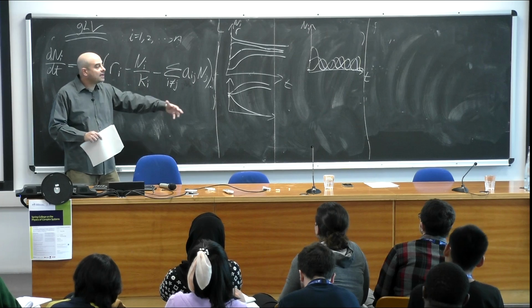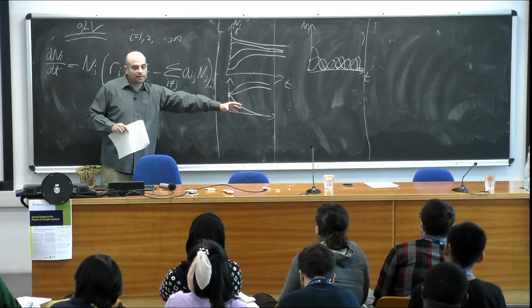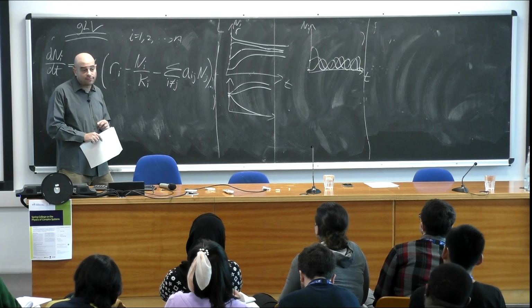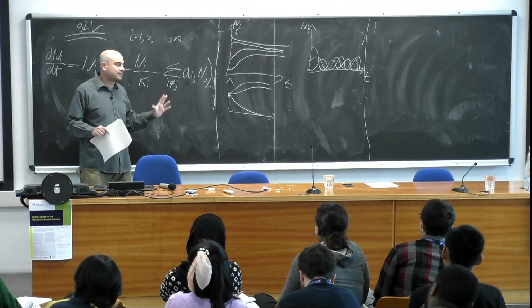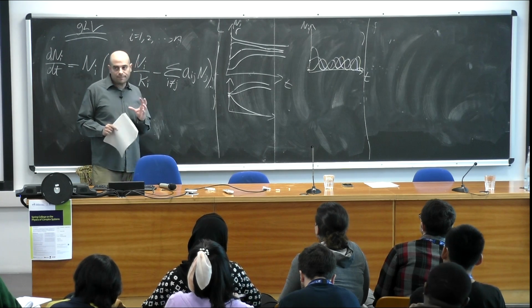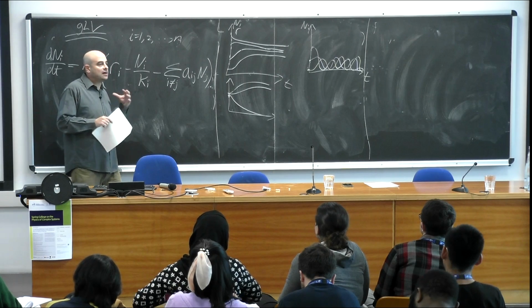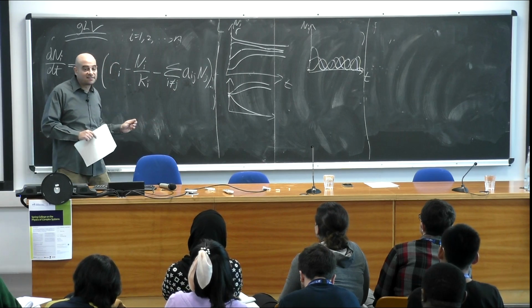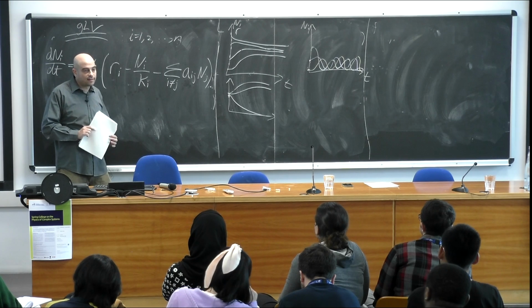You flow to a situation where the Aij has structure. So this, very briefly, is my point of view about the state of the art when people think about generalized Lotka-Volterra systems today.